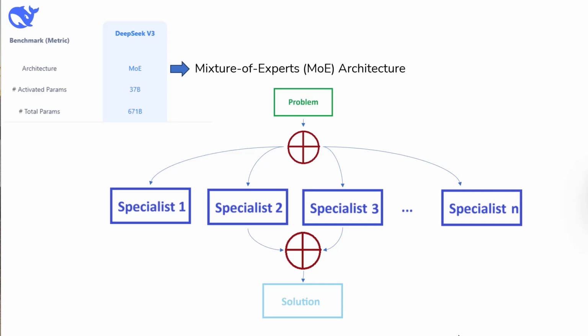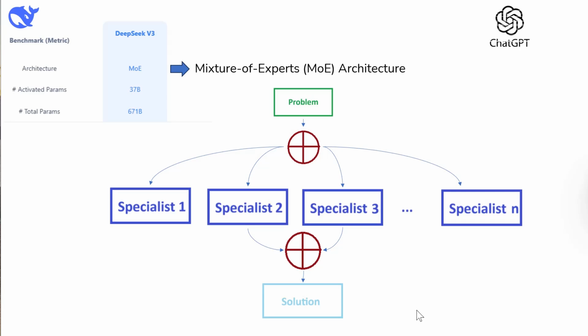Using this technique makes it very effective and quicker than ChatGPT. Also, MOE uses 671 billion parameters, but activates only 37 billion per query, which optimizes the computational efficiency.